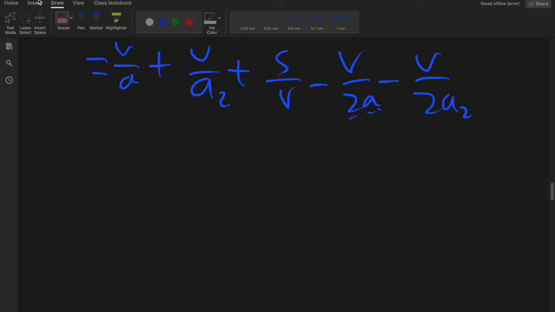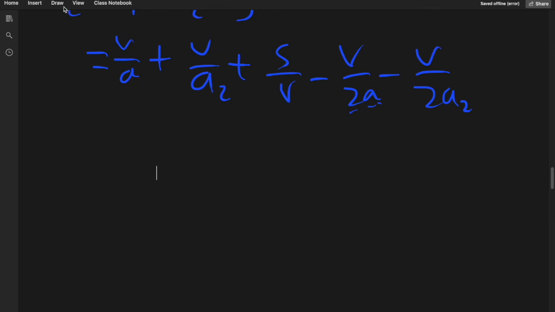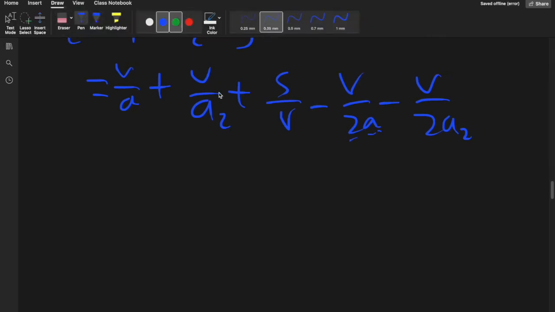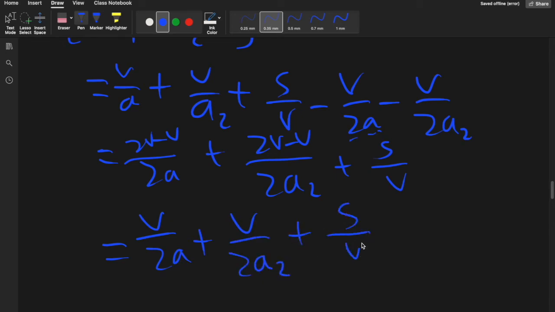So now we're just gonna combine different equations. Here 2a 2v minus v plus 2a2 2v minus v plus s over v, so v over 2a plus v over 2a2 plus s over v.